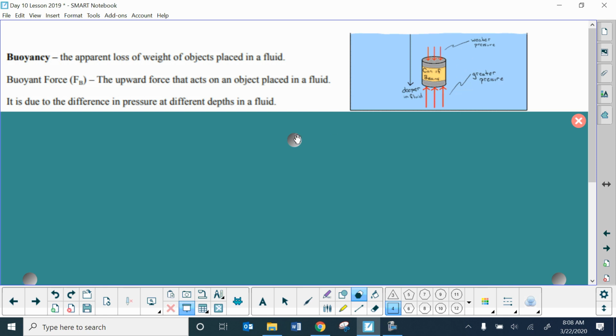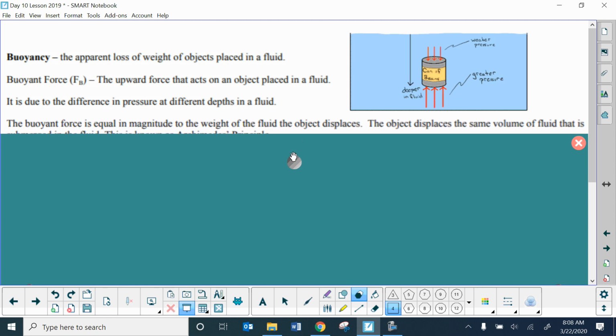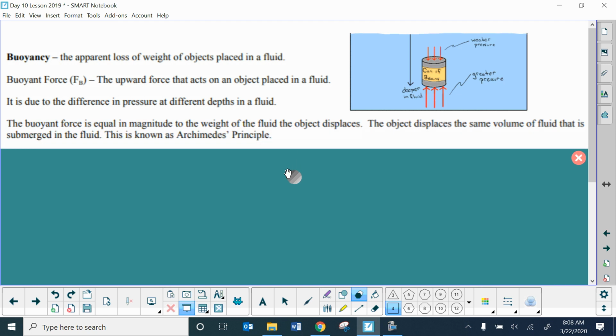Another idea that comes out with buoyancy or the buoyant force is known as Archimedes' principle, and that's the idea that the buoyant force is equal to the weight of the water it displaces. If you imagine this can here, it's pushing water out of the space that it would normally be in. If there was no can here, it would just be a pool of water.